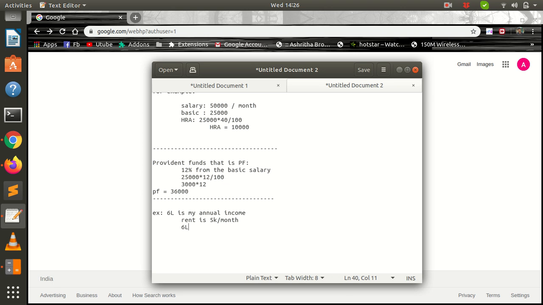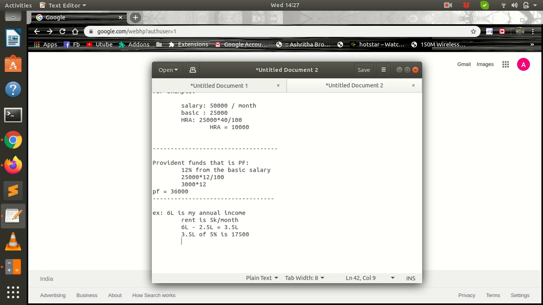So 6 lakh minus 2.5 lakh, as you need not pay tax on 2.5 lakhs. So for the remaining 3.5 lakhs, which falls under the 5% slab, 5% of 3.5 lakh is somewhere around 17,500 rupees.